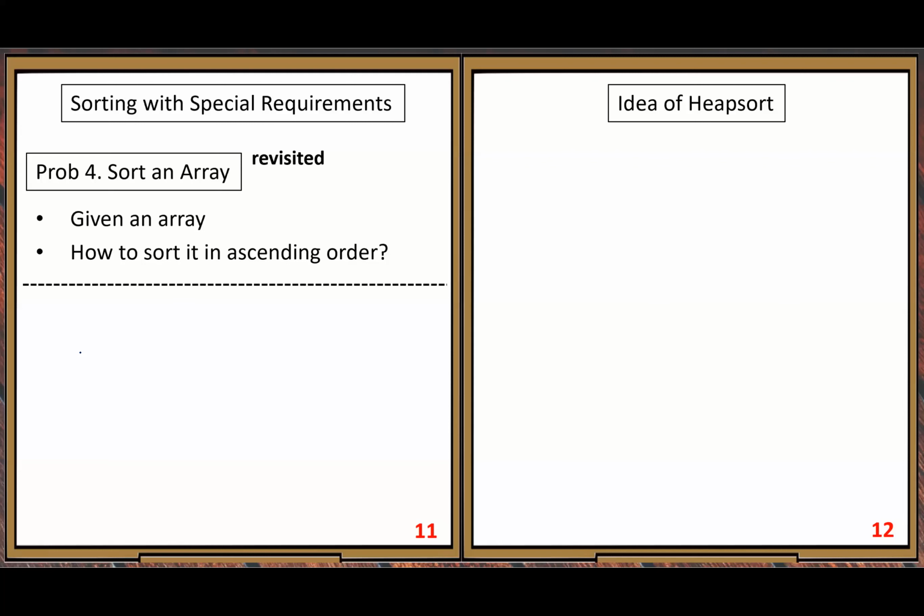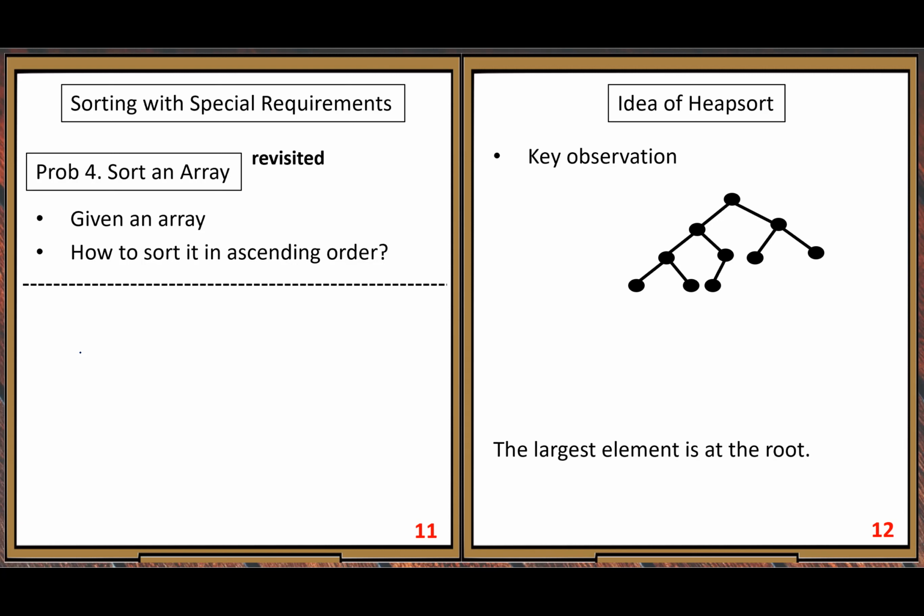All right, so let's start with the idea of Heapsort. Let me use the diagram to explain the idea. Let's make some key observations here in this diagram. Suppose we have a max heap.